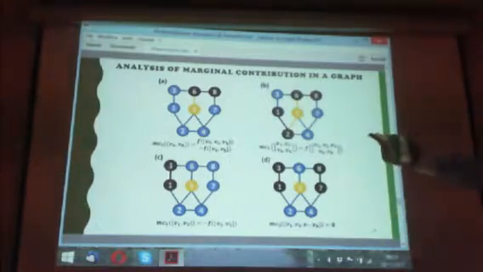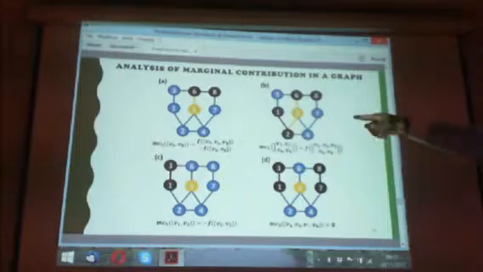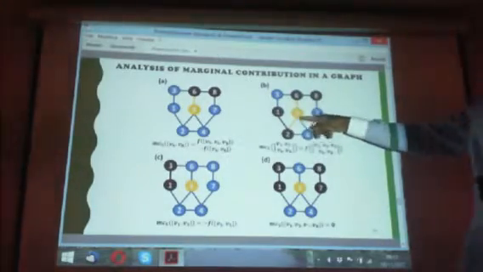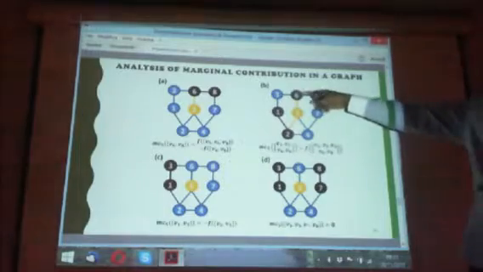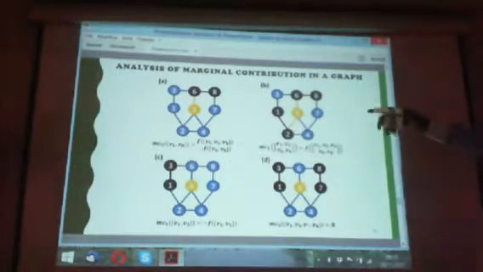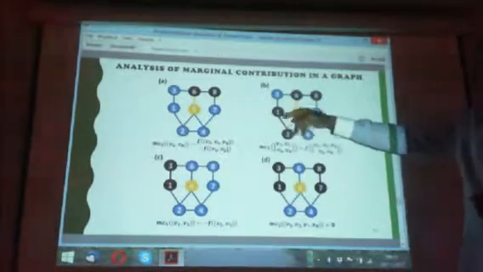In case B, nodes 1 and 2 are connected, nodes 6 and 8 are connected, but the two pairs are not connected to each other.